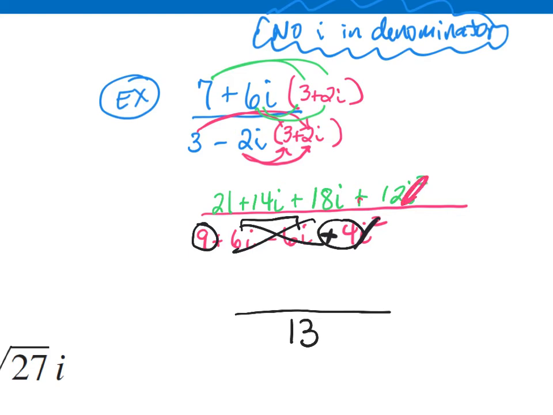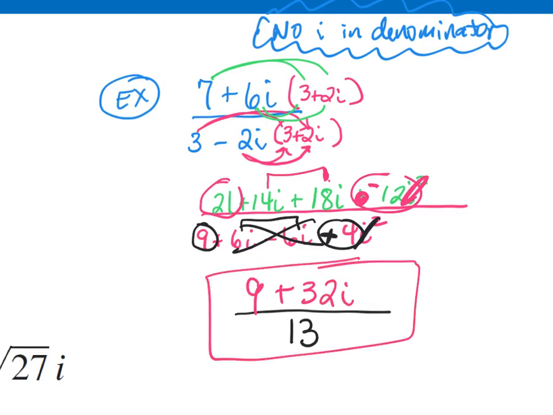Cross it out, change the sign. So now I can add my reals. This is going to be the same thing every time, guys. You're going to cross it out, change the sign, then the numbers on the end you can combine. What's 21 minus 12? 9. And then what happens with a 14i and an 18i? They become 32i. And there's your answer.